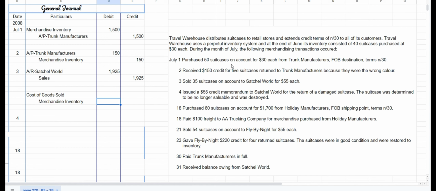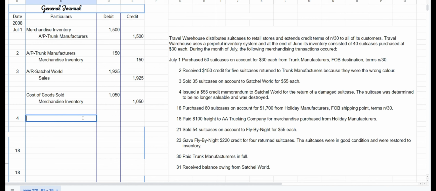So if each suitcase is $30 and you sold 35 suitcases, you can do 30 times 35 to find the value of them, which is $1,050. So you lost $1,050 worth of suitcases.